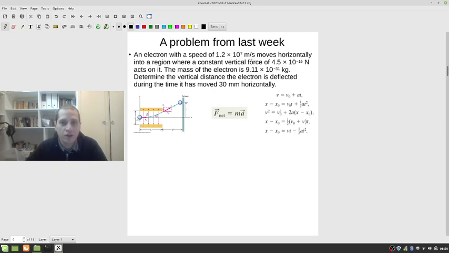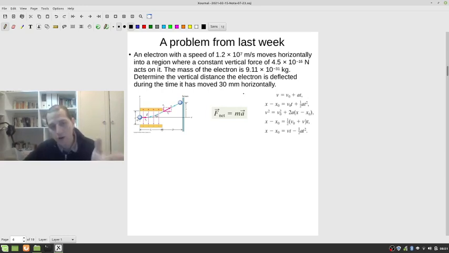Pretty fast. It moves horizontally into a region where there's a constant vertical force of 4.5 times 10 to the minus 16 newtons acting on it. The mass of the electron is 9.11 times 10 to the minus 31 kilograms. Determine the vertical distance the electron is deflected during the time it has moved 30 millimeters horizontally.